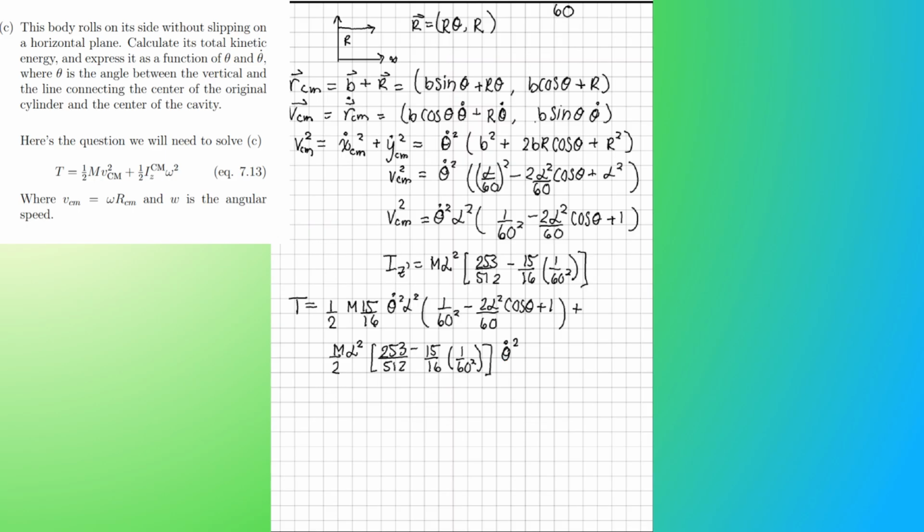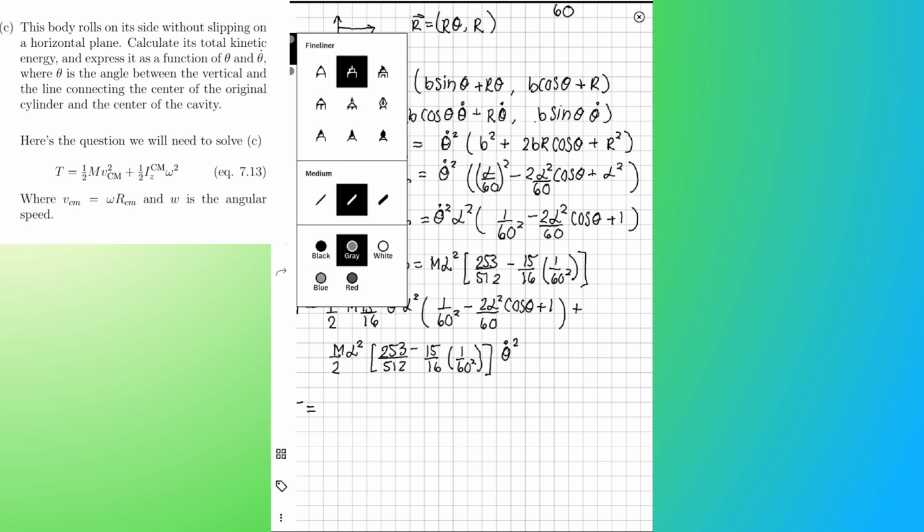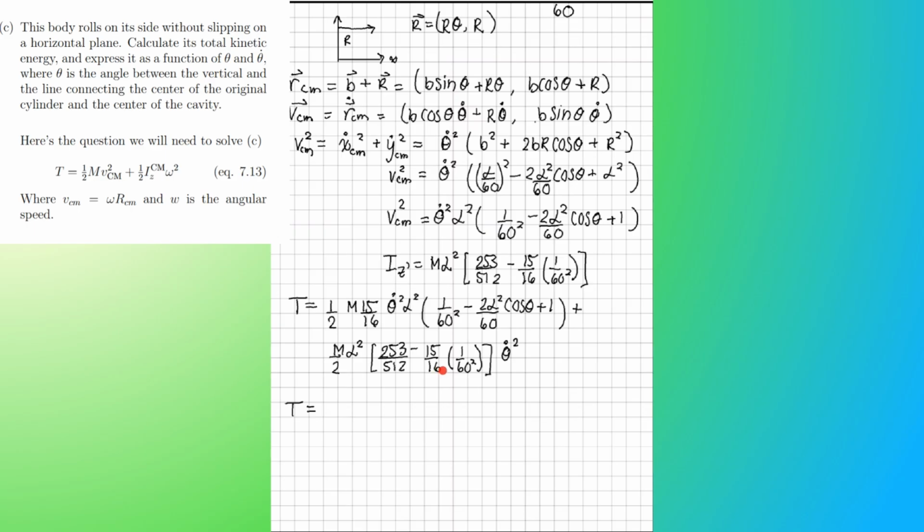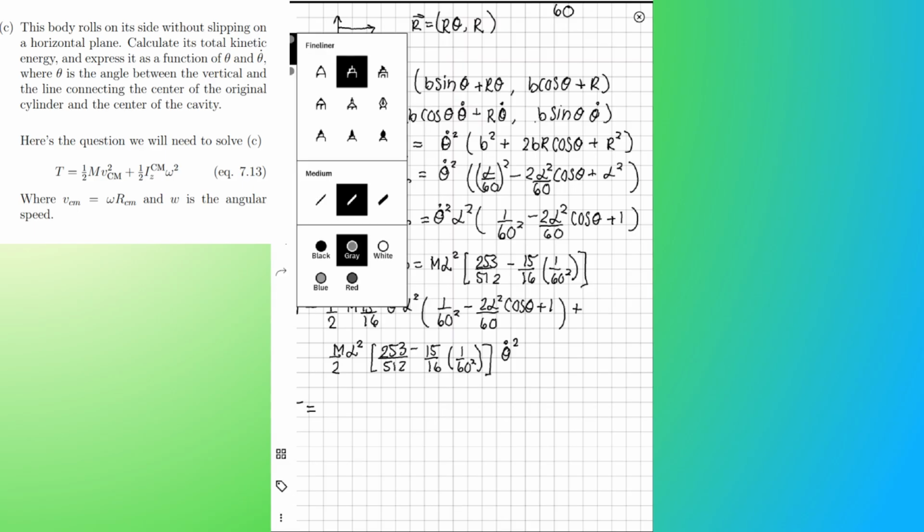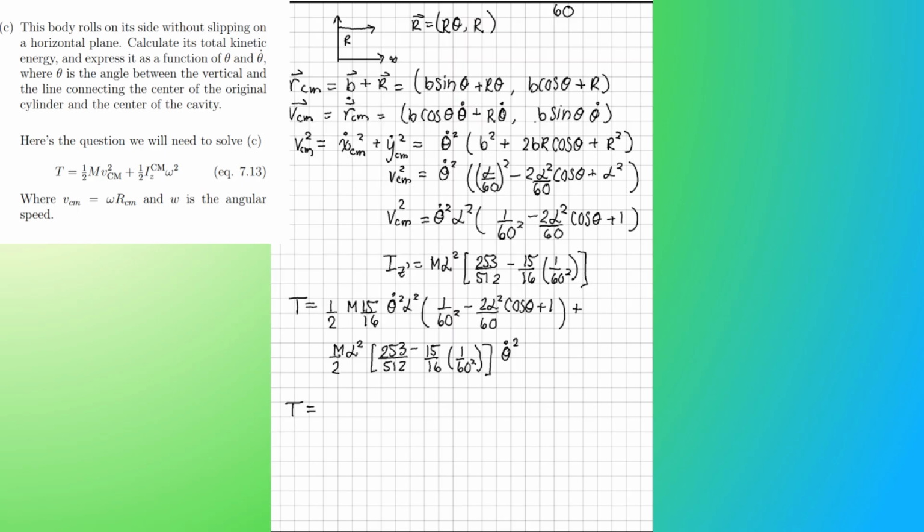Okay, so now we reduce this equation as much as we can. Let's just do that. So we see that we can isolate theta dot squared, alpha squared, m half. So it's going to look like this.